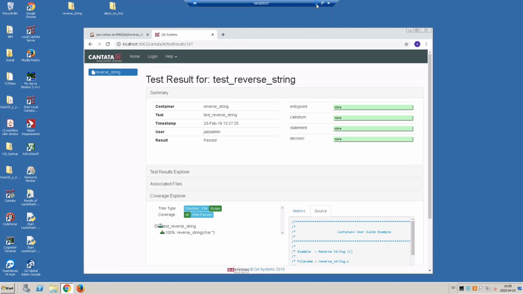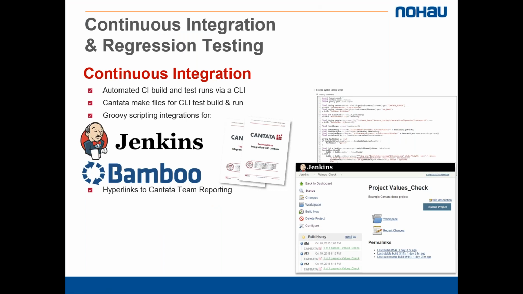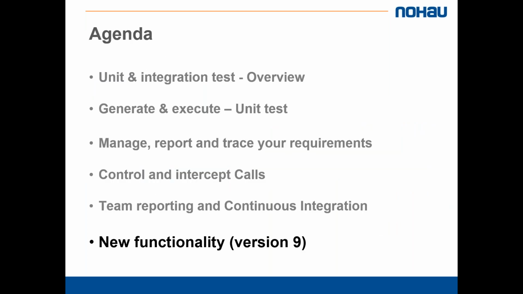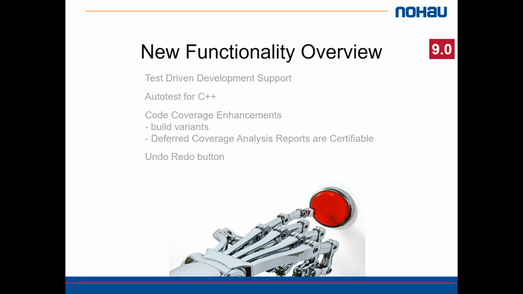Okay, so let's skip that. And besides that, my plan is to show you a bit about the new functionality that's been released with Cantata version 9. It's been out almost a year now, but it has some good features actually.